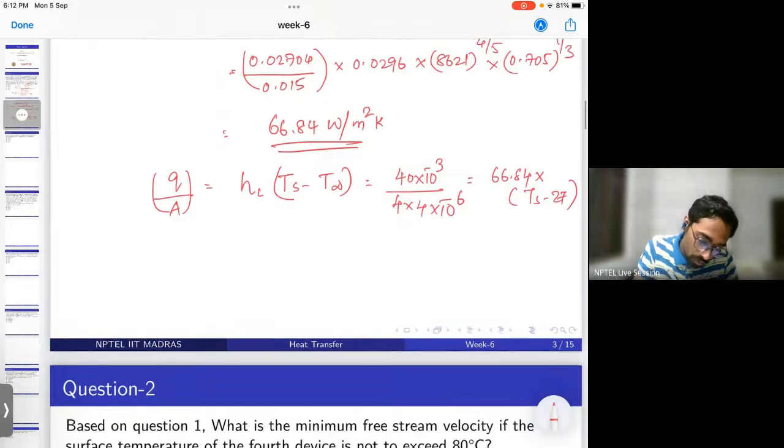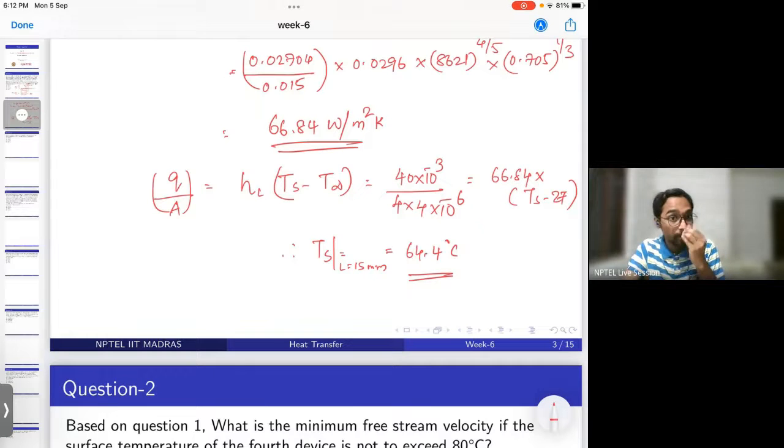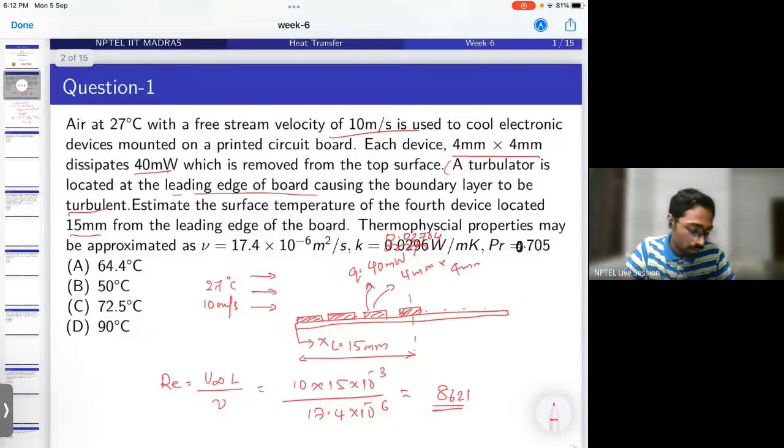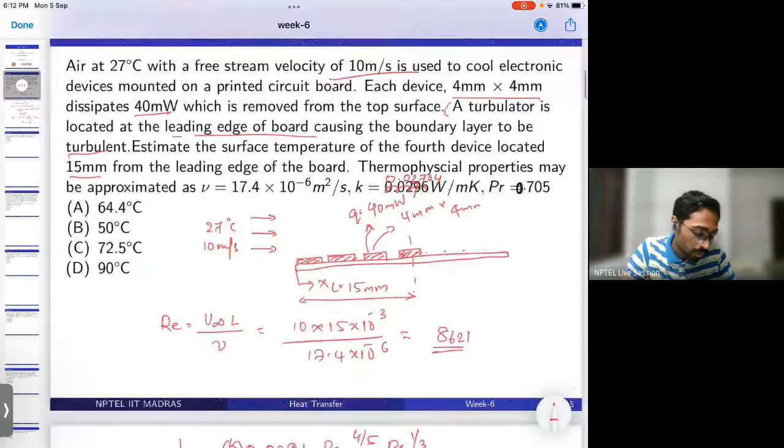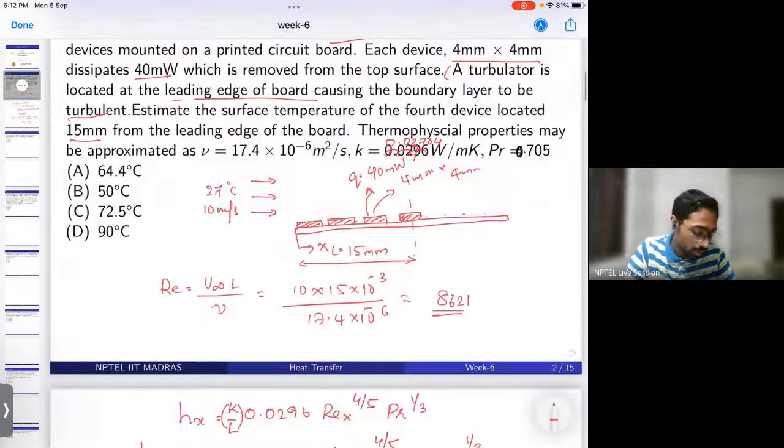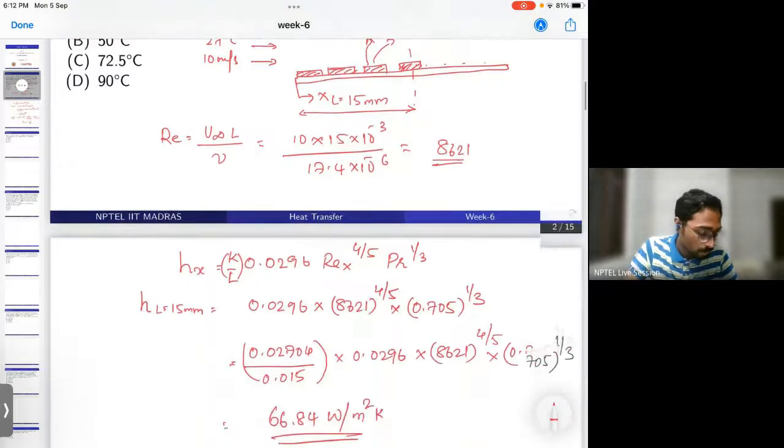If we solve this, T surface at L equal to 15 mm comes out to be 64.4 degrees Celsius. So the surface temperature of the fourth device, which is 15 mm from the leading edge of the body, is 64.4 degrees Celsius.